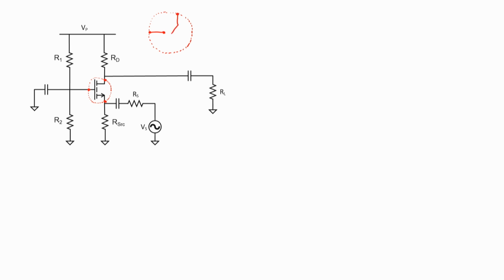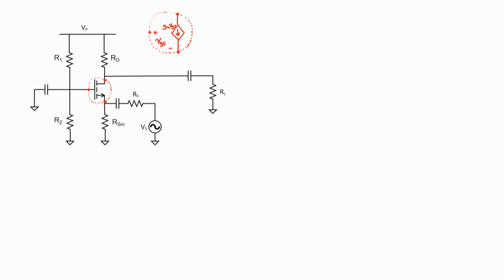The MOSFET functions like a dependent current source, where the current flowing depends on the voltage applied at the gate. Let's label the voltage applied at the gate as VGS, the gate source voltage. Then the amount of current that the MOSFET is going to supply from the drain to the source is just given by GM VGS.